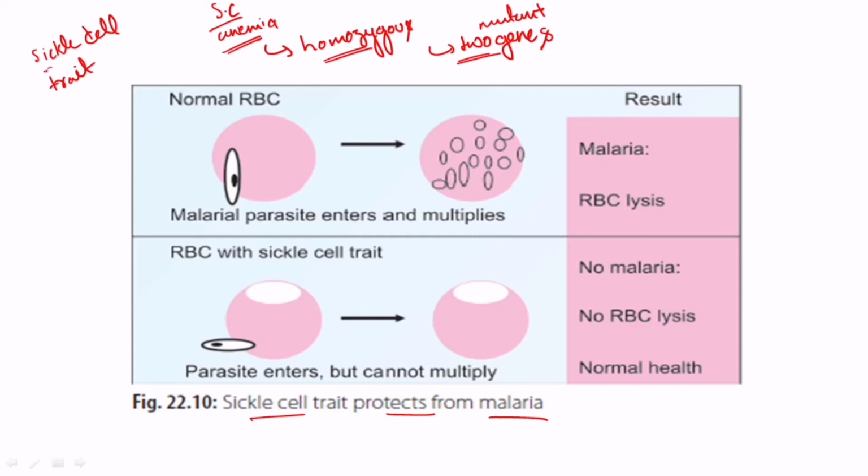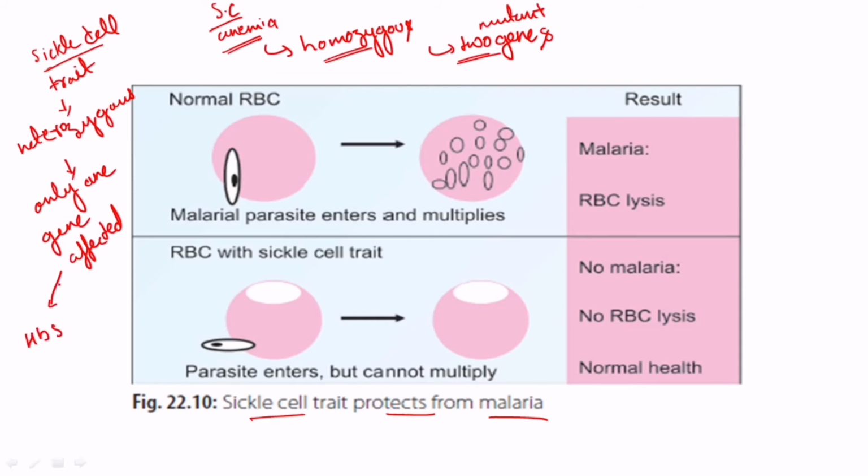But when I talk about the sickle cell trait, in that case the person is heterozygous. Only one gene is affected. So the sickle cell trait has both hemoglobin S and hemoglobin A. I hope the difference between the two is clear to you.